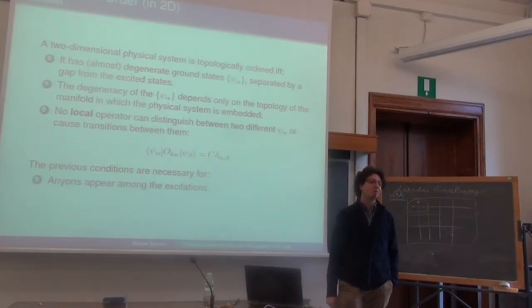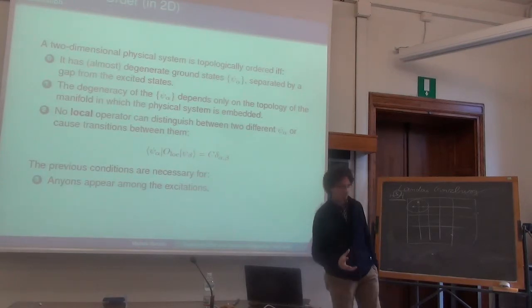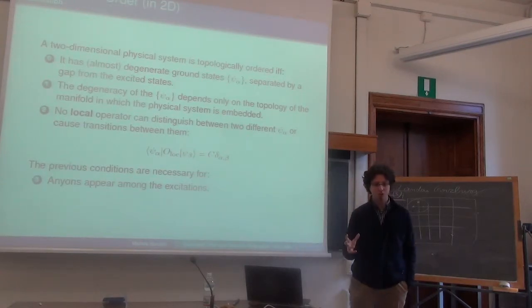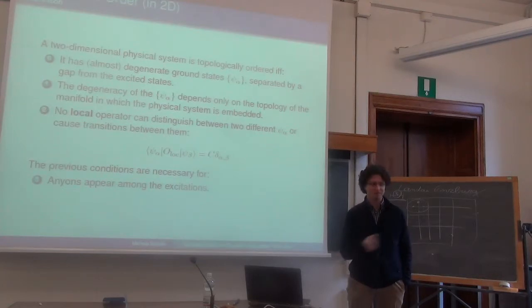I would say that the global translation in general is a non-local operation, so it should not. It could in principle, without spoiling the topological order. No, so I don't have an example here of a system which spoils its topological order through translations, but in principle I cannot exclude that. I have to think better about it.